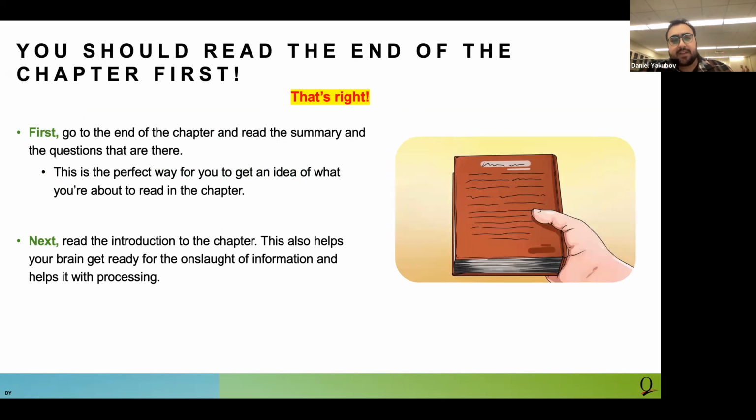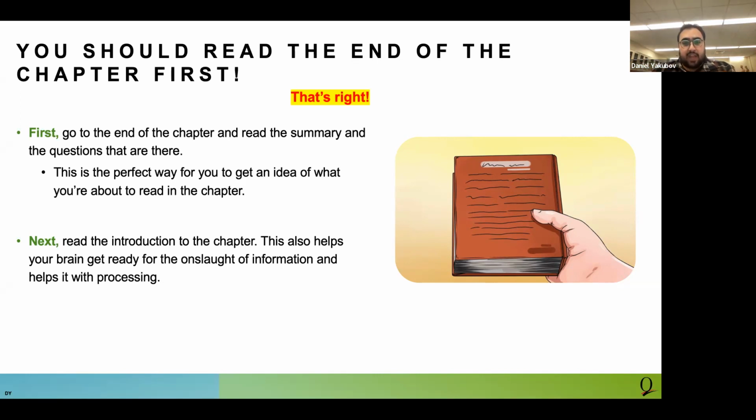When you read the chapter summary, it's a very concise paragraph that just describes what was covered, the main points that were covered in that chapter, okay? And that way, by reading that last section of the chapter, you really get a good idea of what you're going to be reading in the actual chapter from the beginning to the end, right?